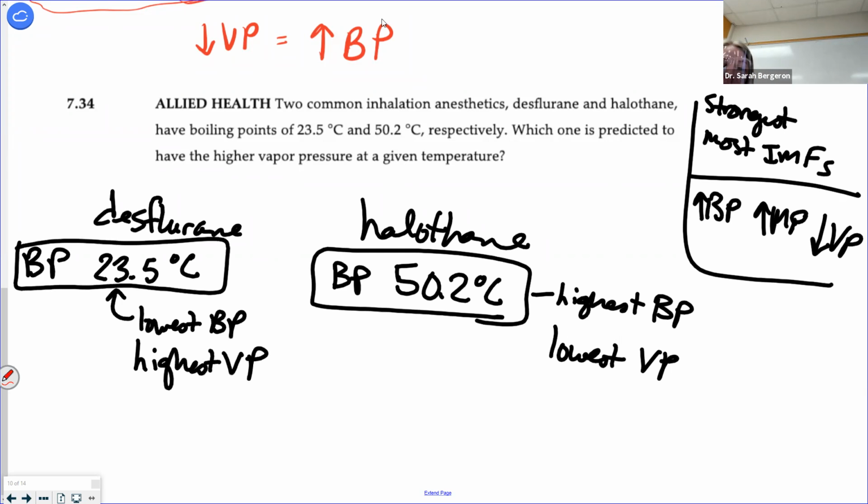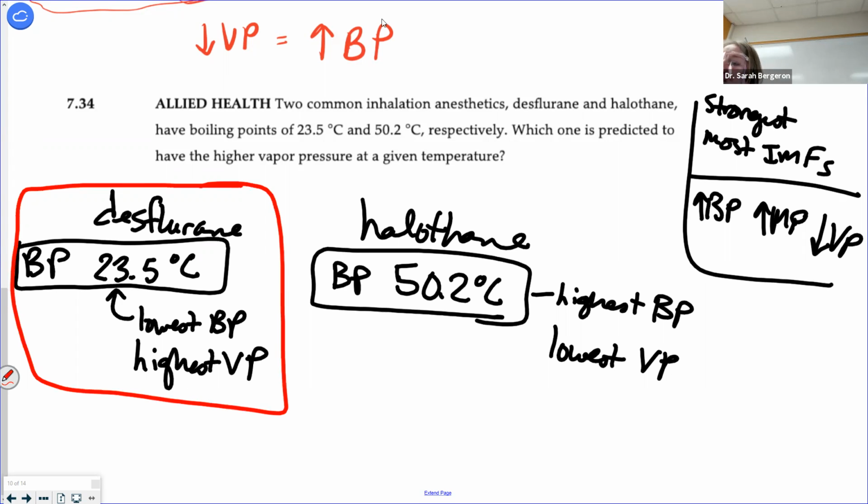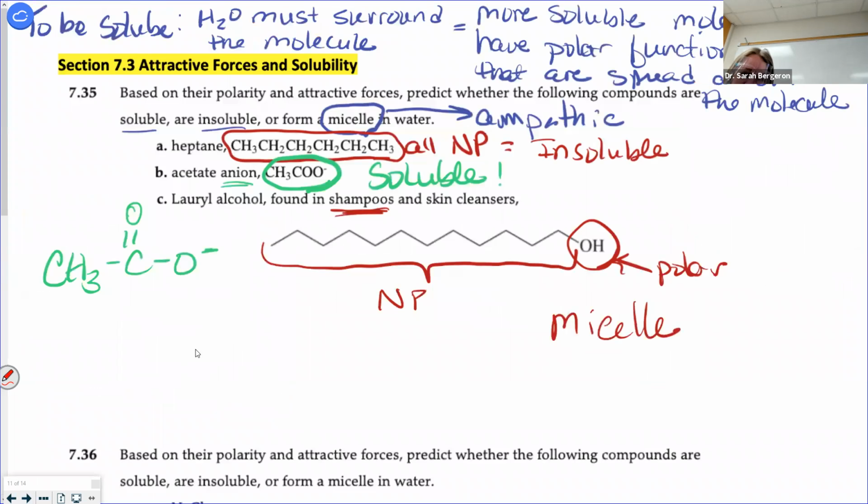So which one has the higher vapor pressure at a given temperature? Desflurane. Yeah. How nice is it to have this written? Don't forget to write it. Okay.